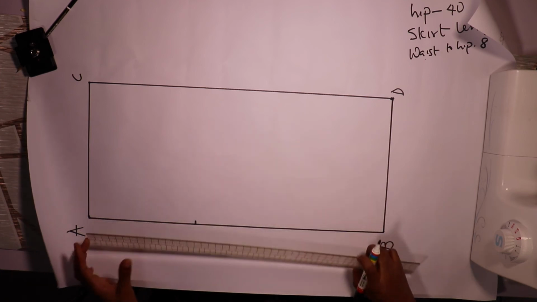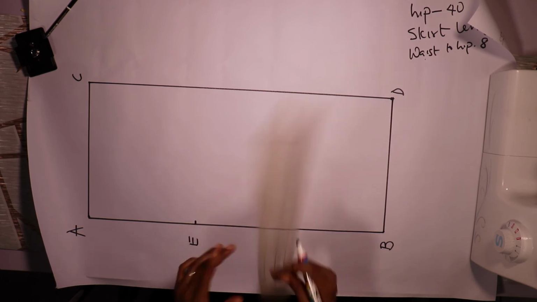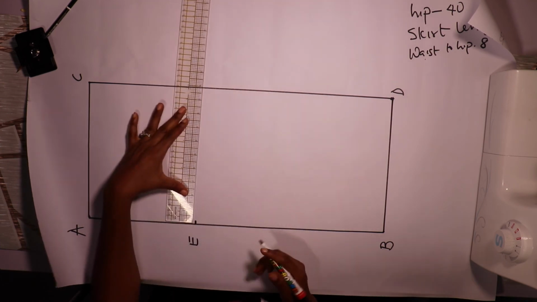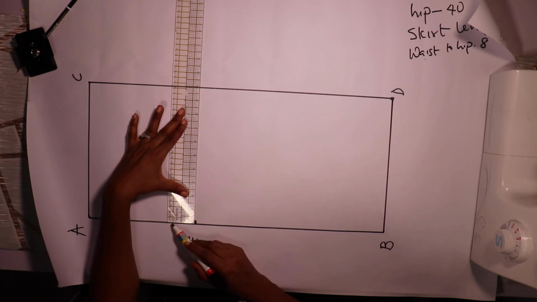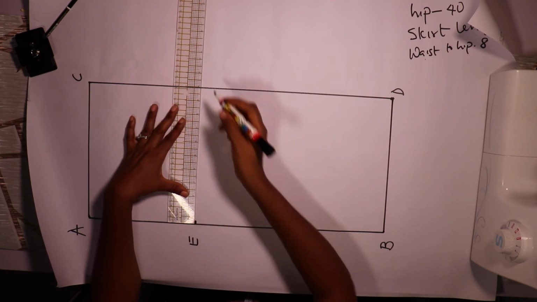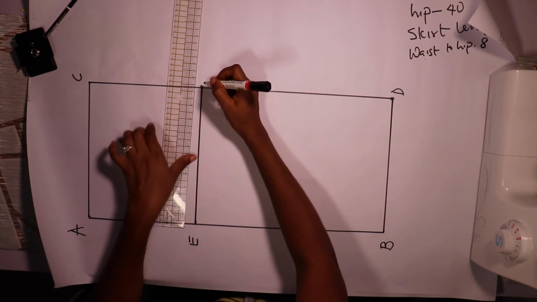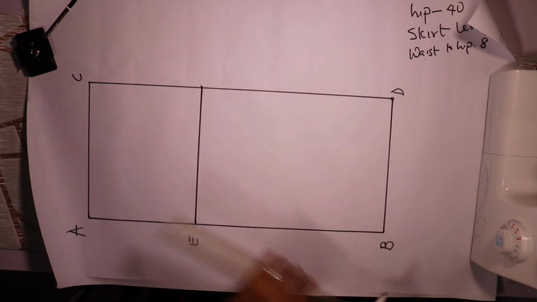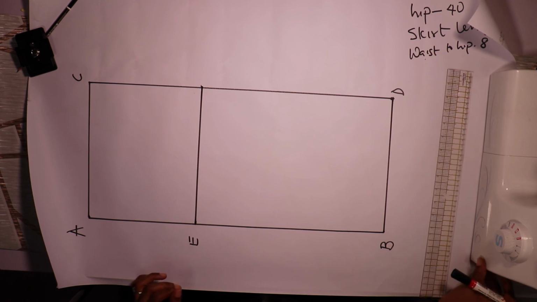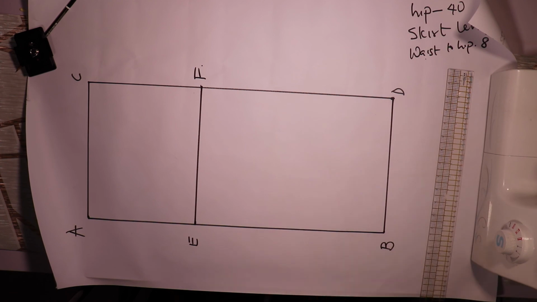I'll name that E, and then I'll square it across. This ruler is actually very good because it helps me get a straight line here, acting like an L ruler to make sure my lines are perfect. I'll name here F.